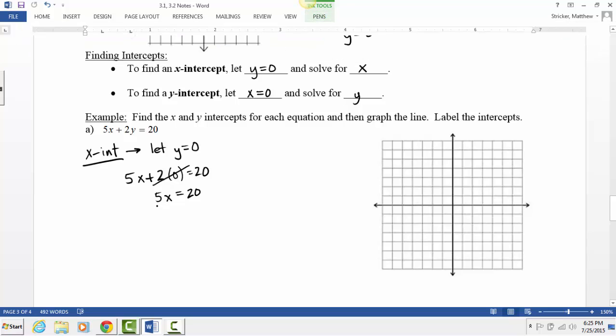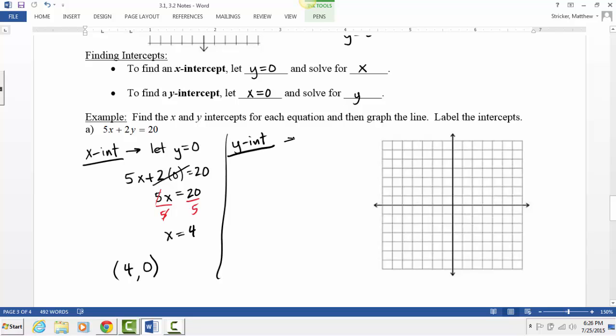We can go ahead and divide, and we get x equals 4. So my x-intercept is the point 4, and then what's the y value? Remember, any point on a graph is an x and a y, so when x equals 4, we had to let y equal 0.